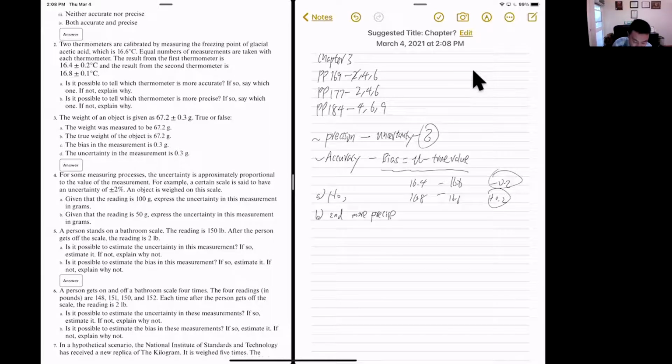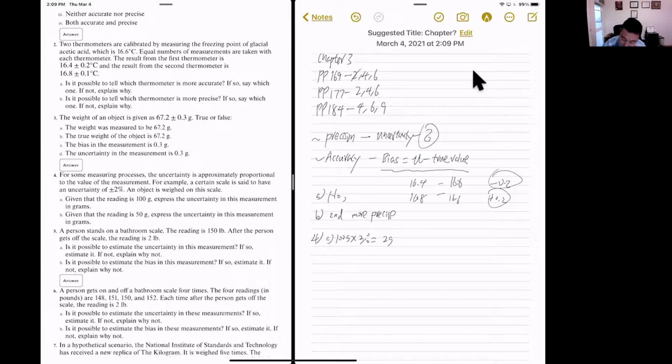An object is weighed on scale A, and the reading is 100 grams. Express the uncertainty in this measurement in grams. So 2% of 100 grams: 100 grams times 2% is 2 grams. So the uncertainty for the measurement is 2 grams.